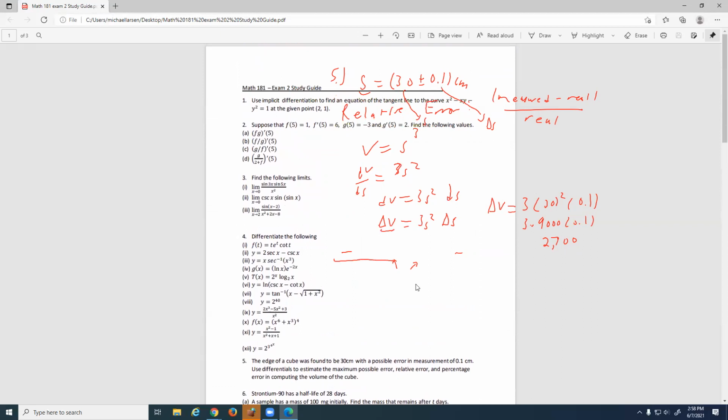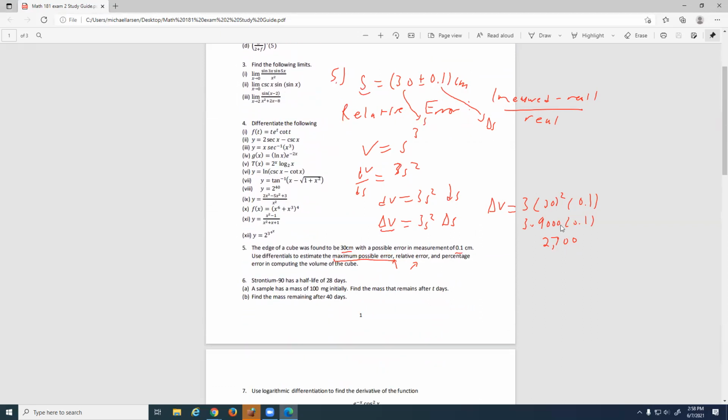I think I may have needed to plug the 0.1 into the first one instead. So right here. Or something like that. Let me see really quick. So if it's 0.1 centimeters, 30 centimeters. That's strange.